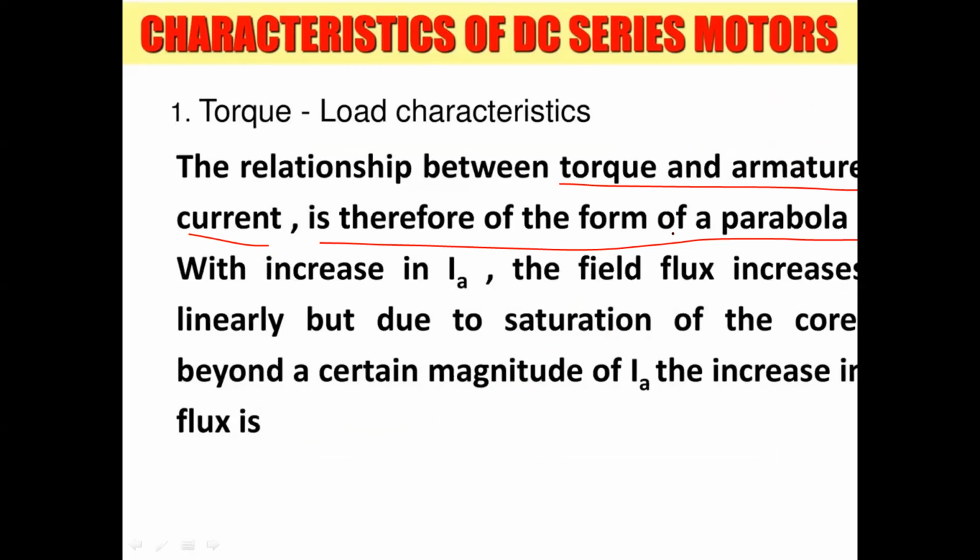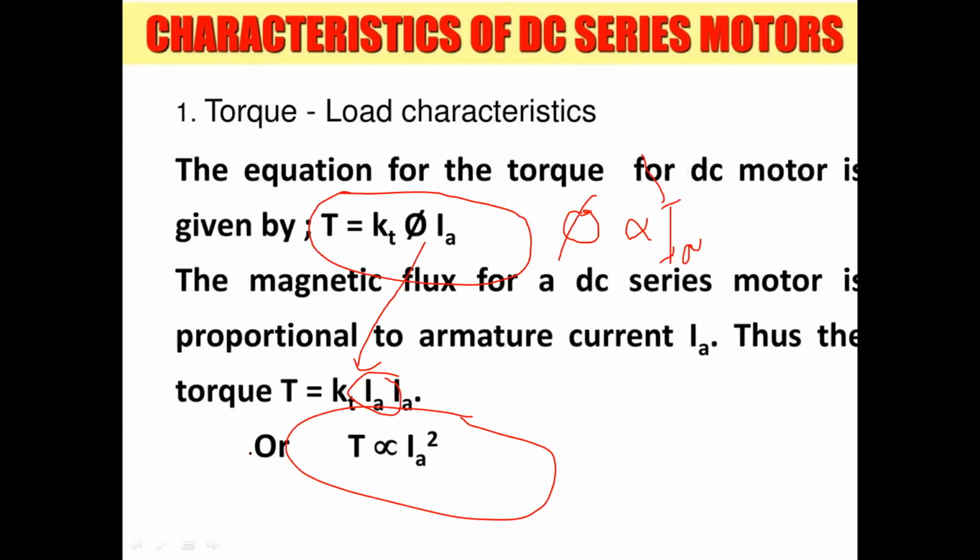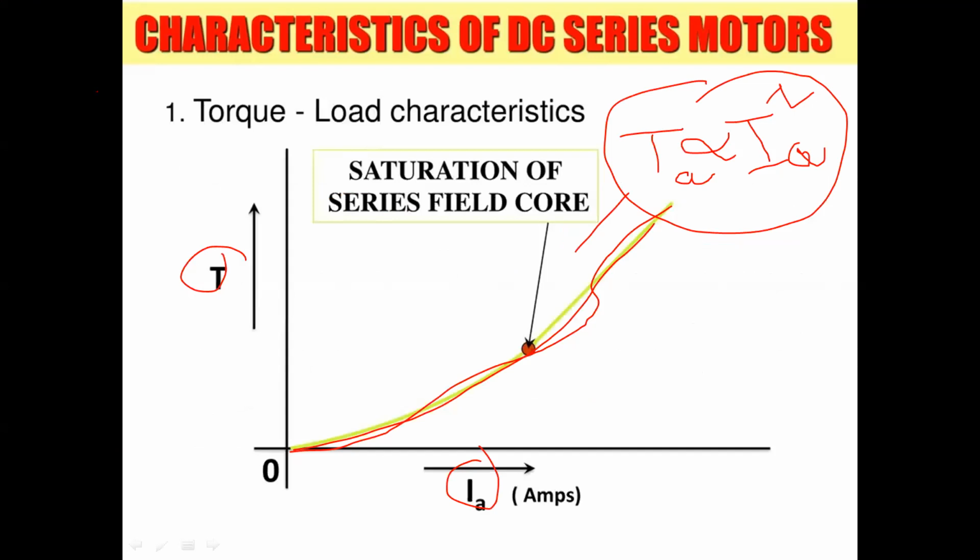So we form a parabola. With increase of Ia, the field flux increases linearly, but due to saturation of the core beyond a certain magnitude of Ia, the flux does not increase. Up to here it is a parabola. After saturation, it varies linearly, because after magnetic saturation the flux is constant and does not depend upon field current.